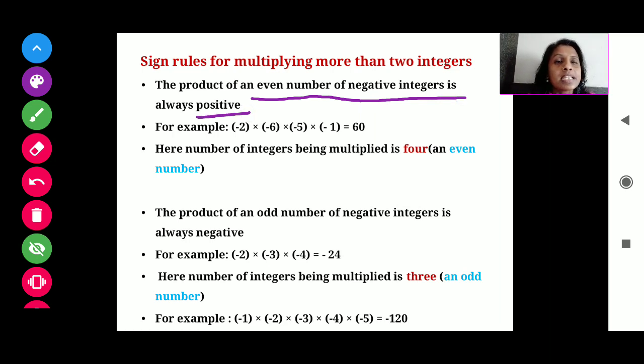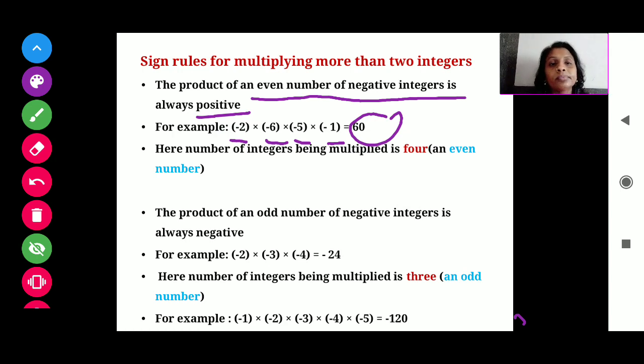Here you can see -2, -6, -5, -1. 4 integers we have multiplied. All 4 are negative, so our answer will have a positive sign because the negative signs are in an even number.